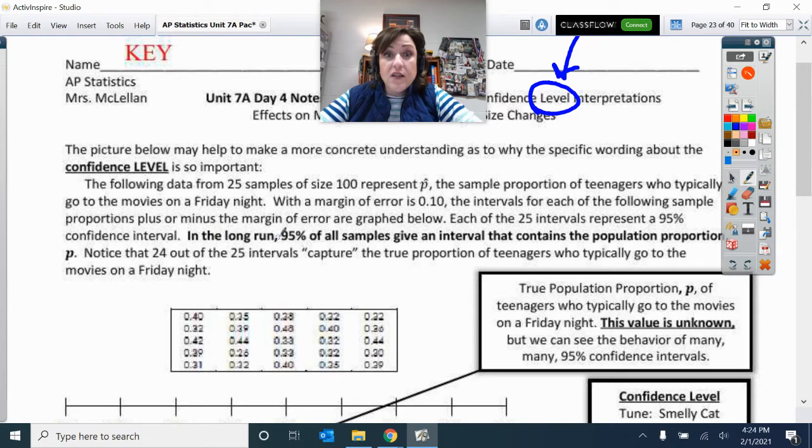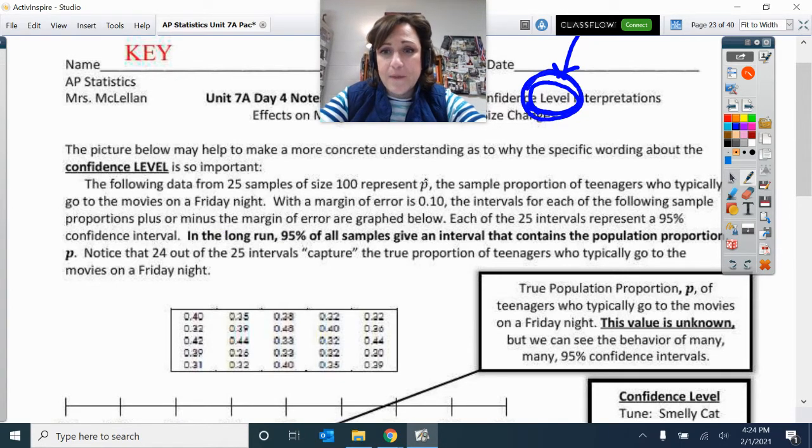In the long run, as you do many, many intervals, we expect approximately 95% of the 95% confidence intervals to contain the true proportion of whatever you were looking for. In this case, the true proportion of teenagers who typically go to the movies on Friday night.